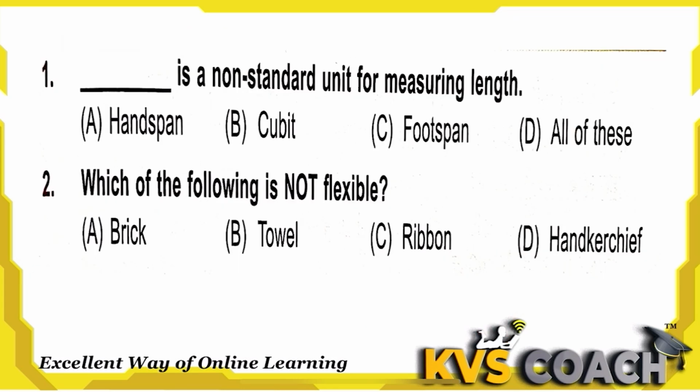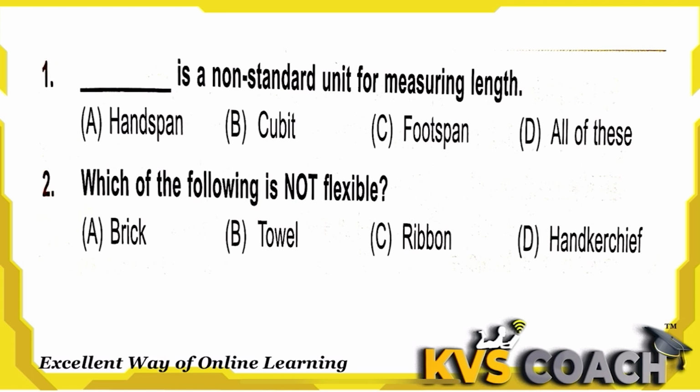Let's start our questions. Question 1: dash is a non-standard unit for measuring length. Non-standard units of measurement are those which keep varying, like a table can be measured to be 10 handspans long by a child, while the same table can be measured by an adult in only 5 handspans.